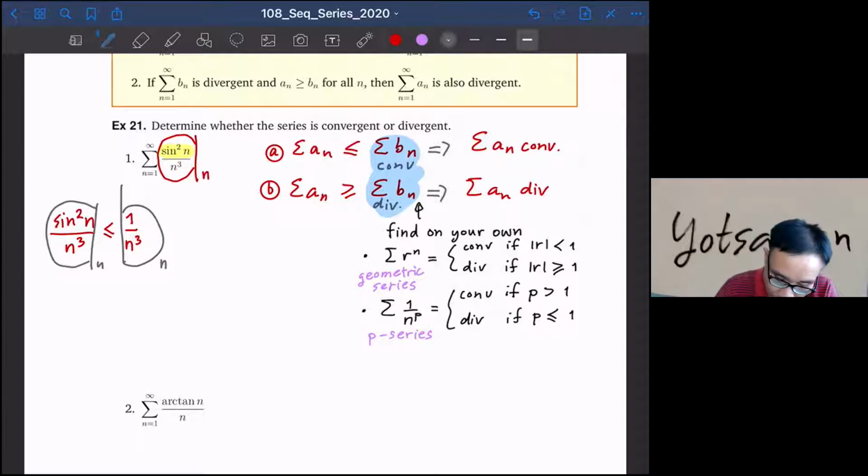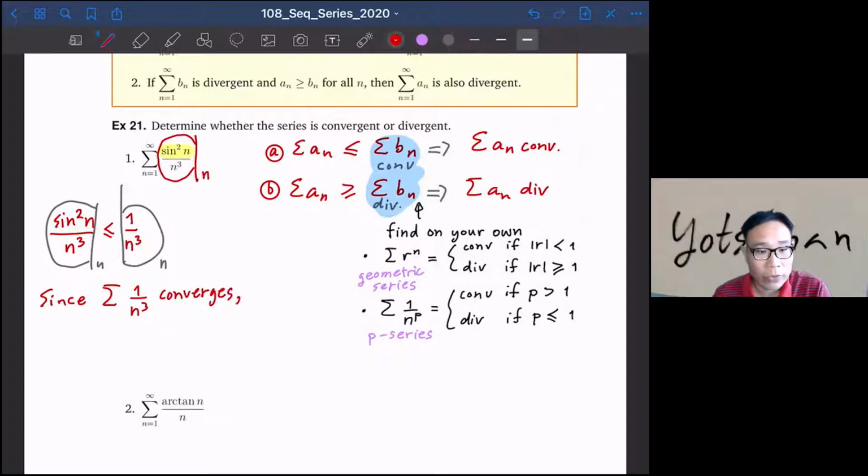And you know that since the series 1 over n to the third converges, because we know that the larger one, so this one is larger, is convergent, you can conclude that this smaller one turned out to be convergent.